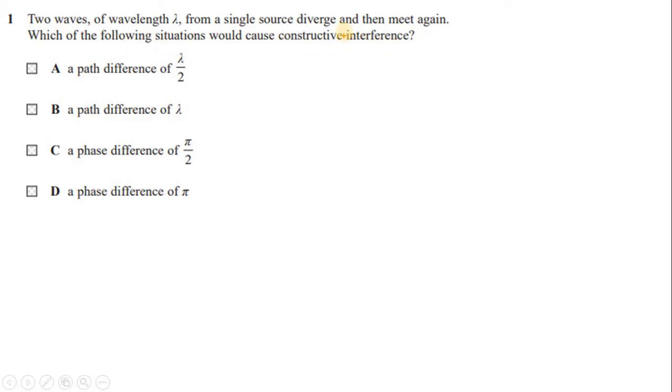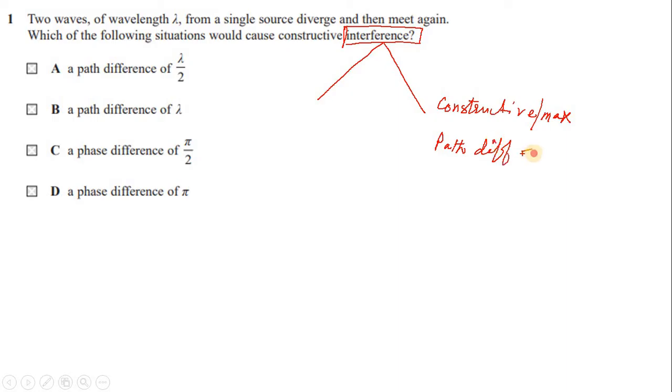So remember, for interference, we have two types of condition: one is constructive and the other one is destructive. For constructive, or sometimes we also call it maxima, if the path difference is n lambda, then we have a constructive interference.